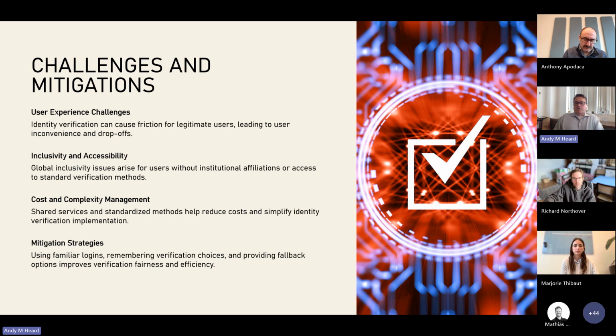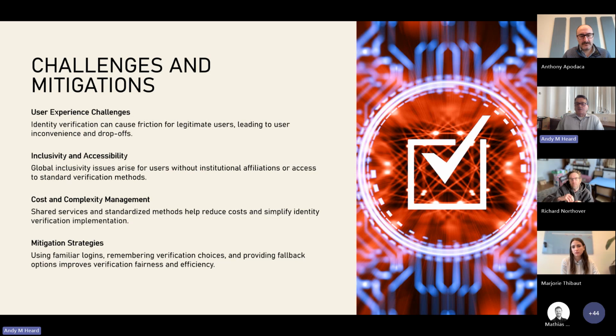I feel like I'm beating a dead horse in terms of emphasizing this balance between friction for legitimate users and implementing the ID verification, making sure we have inclusivity and looking at the cost implications, and using institutional or industry methods such as institutional login and ORCID integration.